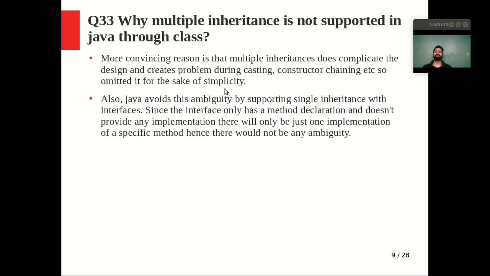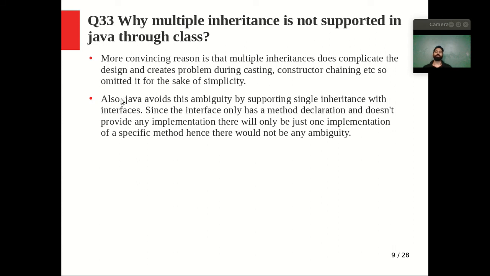Now the second reason is that multiple inheritance complicates the design and creates problems during casting, constructor chaining, etc. So it has been omitted for the sake of simplicity, to keep the Java language simple.